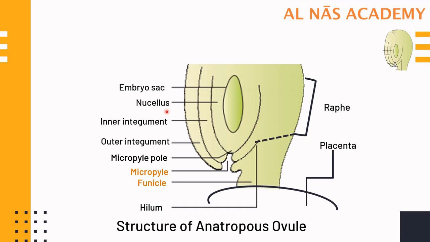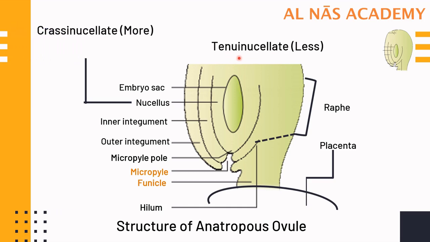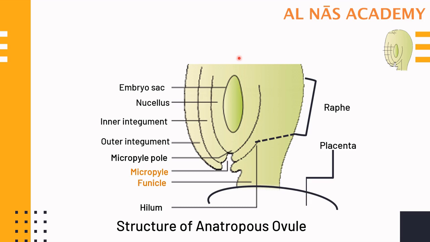Sometimes the nucellus has plenty of cells, sometimes fewer. If the nucellus has more cells, it is called crassinucellate, and if it has fewer cells, it is called tenuinucellate.